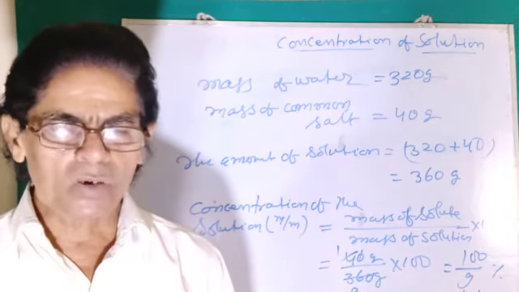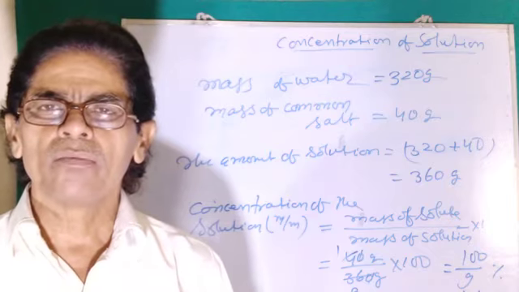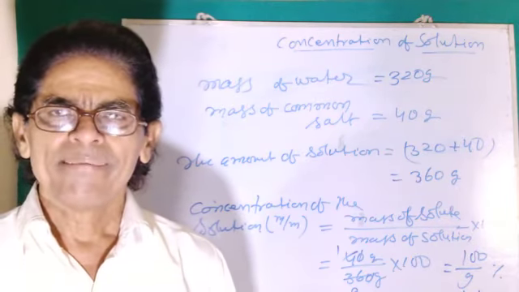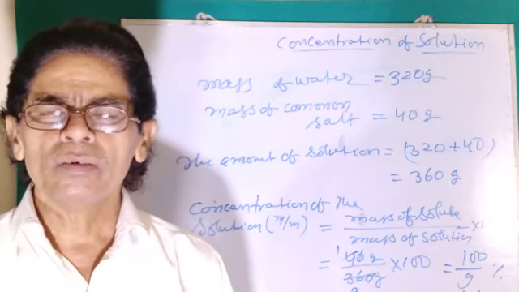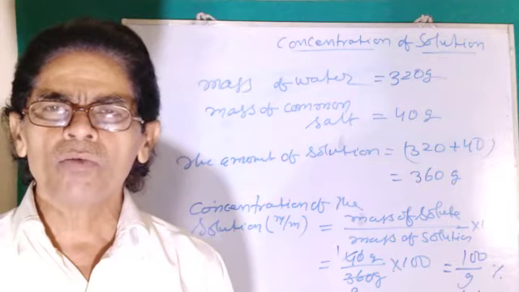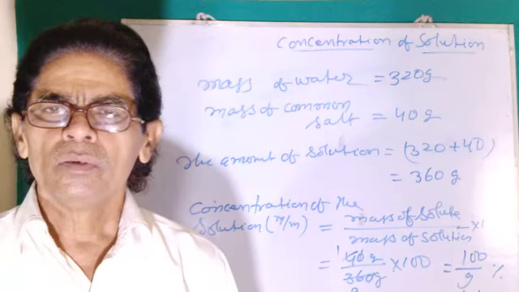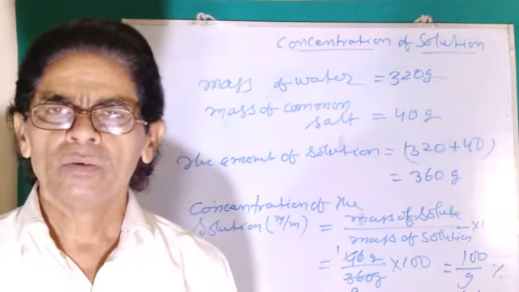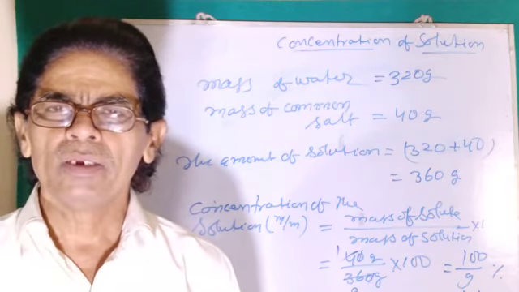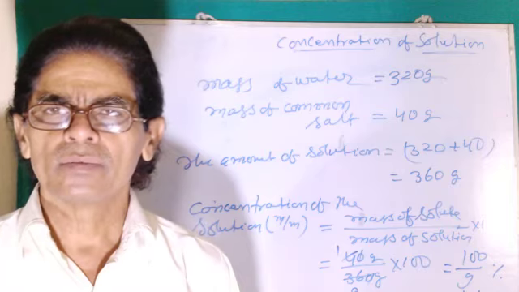Now, another feature of colloidal particles is very important, and that is coagulation. What do we mean by coagulation? Coagulation means the process of separating out the dispersed phase from the solution in the form of a solid substance.